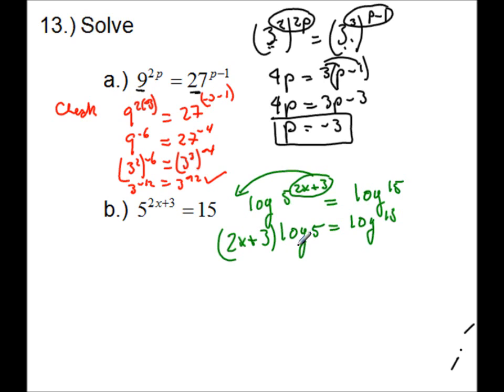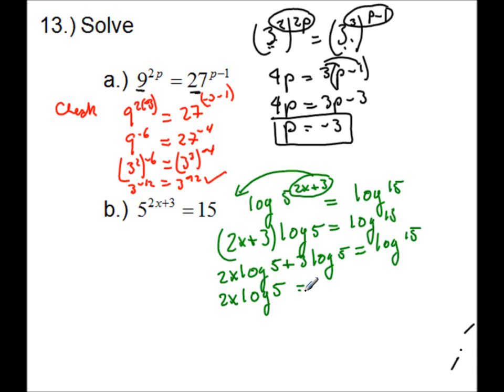We can distribute this, so then we get 2x log 5 plus 3 log 5 equals log 15. Then we can subtract, so then we get 2x log 5 equals log 15 minus 3 log 5.